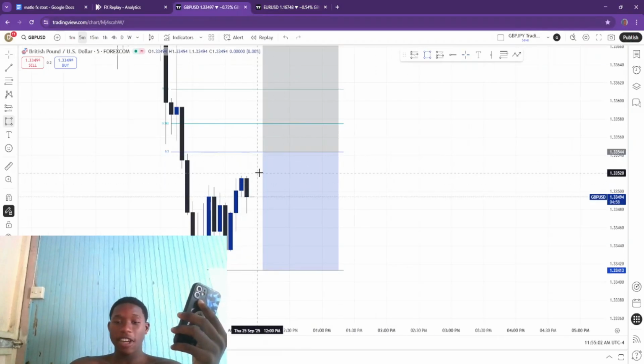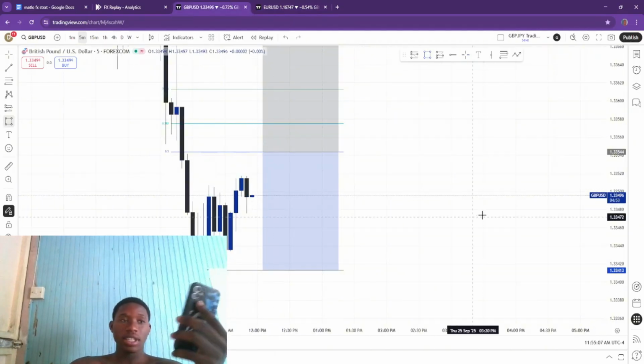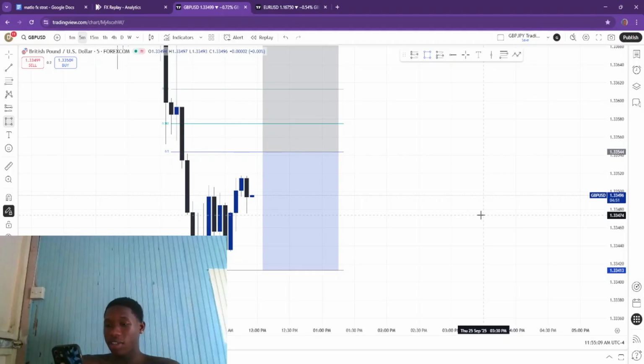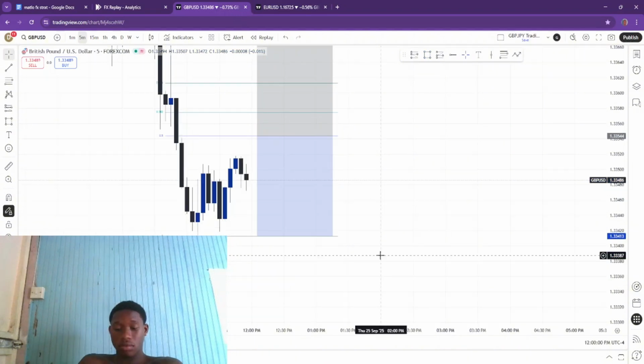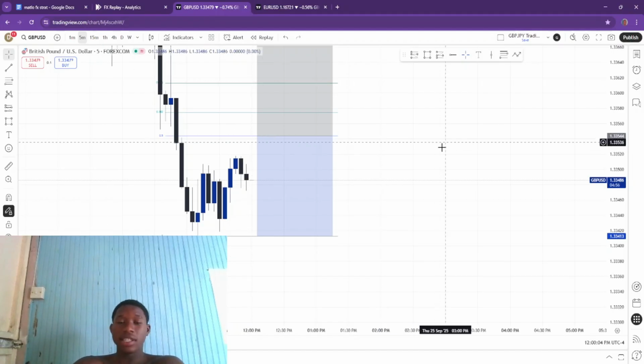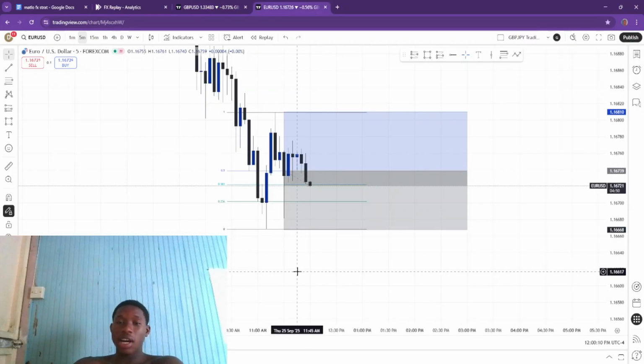Okay, we're in the last 5 minutes of the market. Let's see what happens. It does not hit in the last 5 minutes. Okay, so that trade is invalidated. So we no longer have our sell limit right here. Euro USD going down.